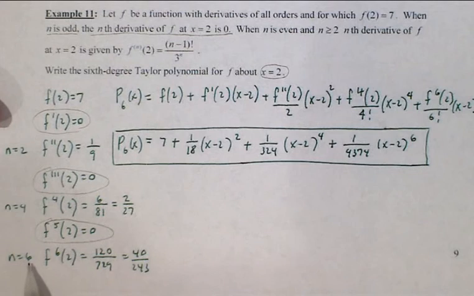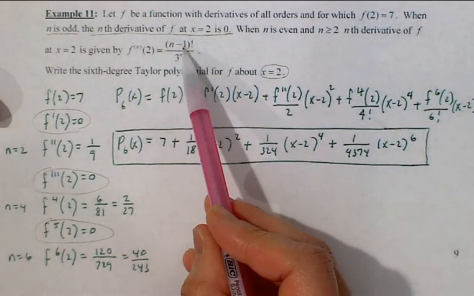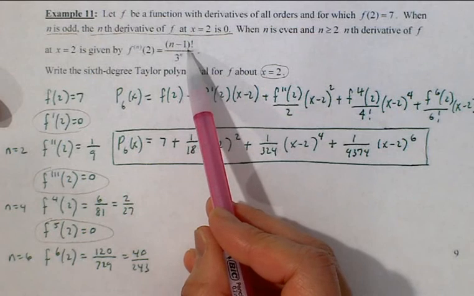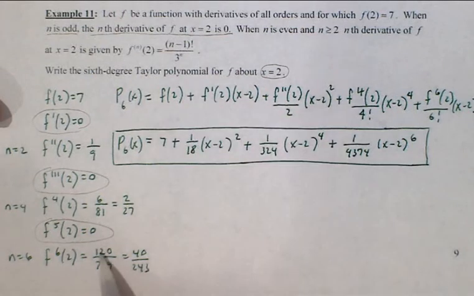And then for the sixth derivative, I have 6 minus 1 factorial, which is 5 factorial, and that's 120. I divide that by 3 to the sixth power, which is 729, and then reduce that, so that comes out to 40 over 243.